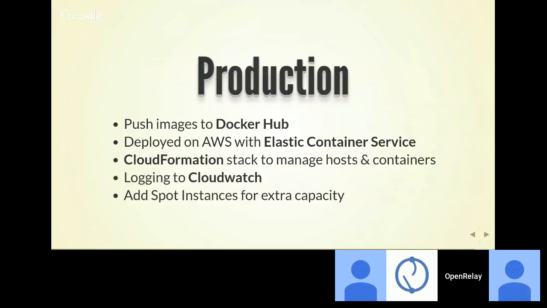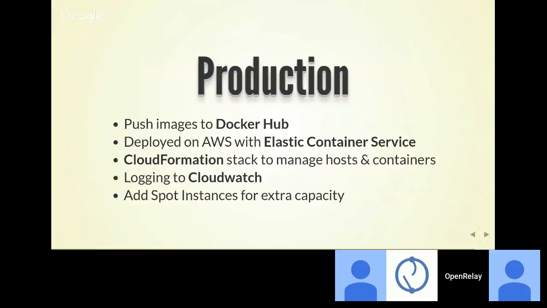Anybody is welcome to pull our Docker images, and you can even take our test RPC file and run Docker Compose pull instead of Docker Compose build, and it will just pull them instead of building them locally. But if you want to make changes to the code and then build them, you need to use Docker Compose build. We deploy on production on AWS using the Elastic Container Service.